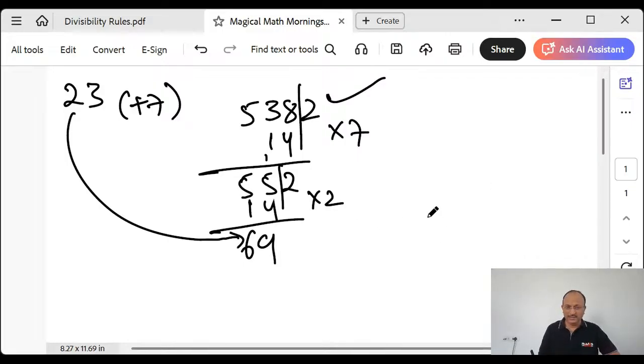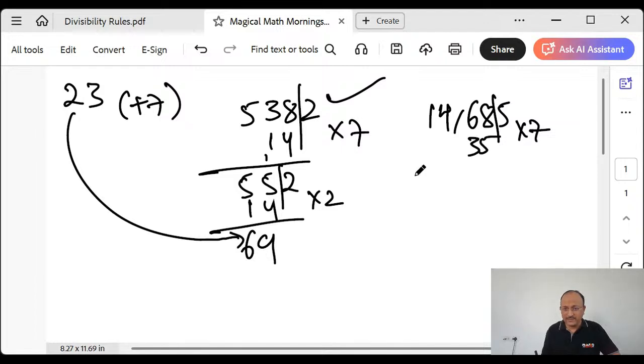Let's take one number, maybe 14685. Let's check for 23. What will we do? Times 7 and add it. 7 fives are 35. 8 plus 5 is 13. Then 1 10 5 1. Now times 7: 7 threes are 21.